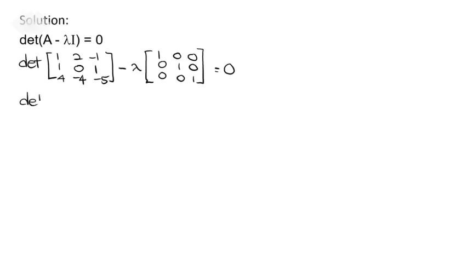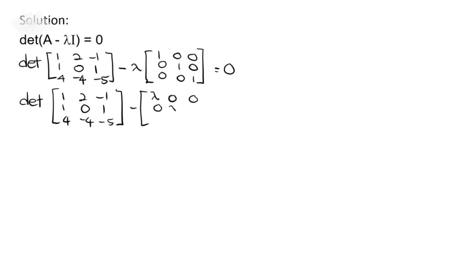And then determinant 1, 2, negative 1, 1, negative 5, minus, okay, we expand lambda 0 0, 0 lambda 0, 0 0 lambda. This step you don't need to do anymore.